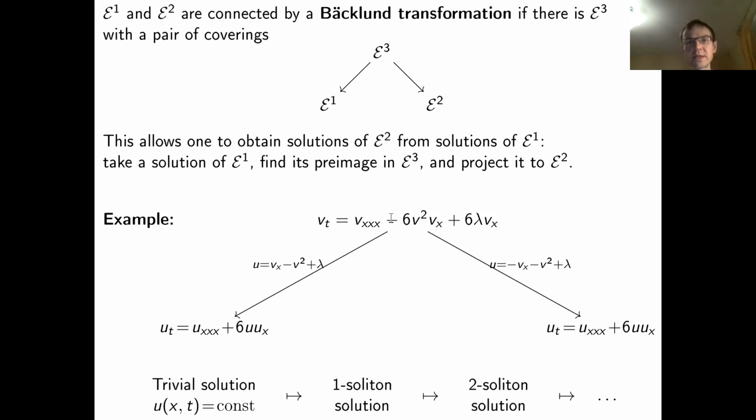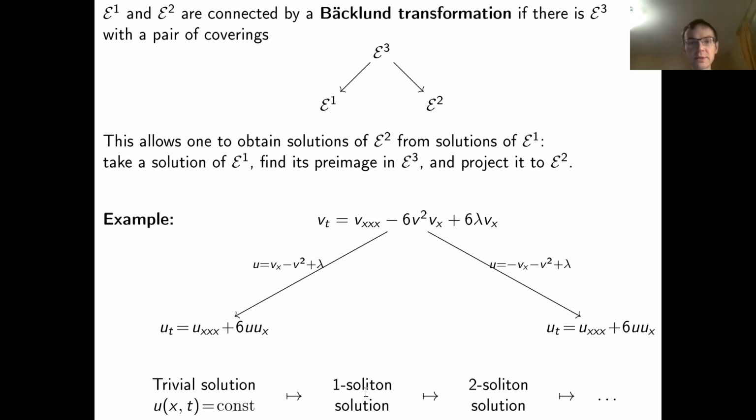As a result, one obtains a parametric family of solutions of this equation. Then we project this family of solutions back to KdV by the second covering, and we get a family of solutions of KdV which contains in particular the one soliton solution.